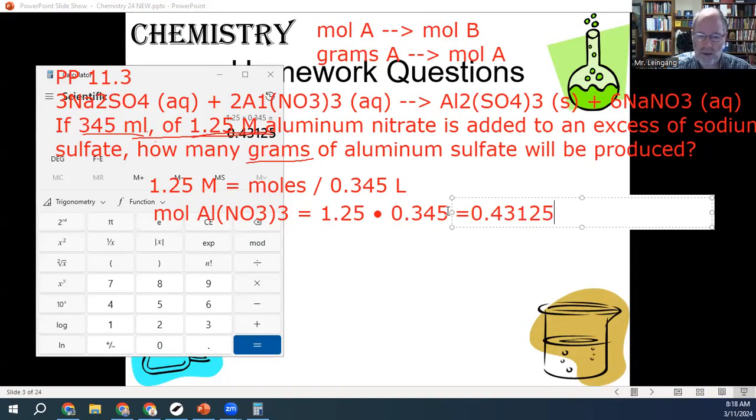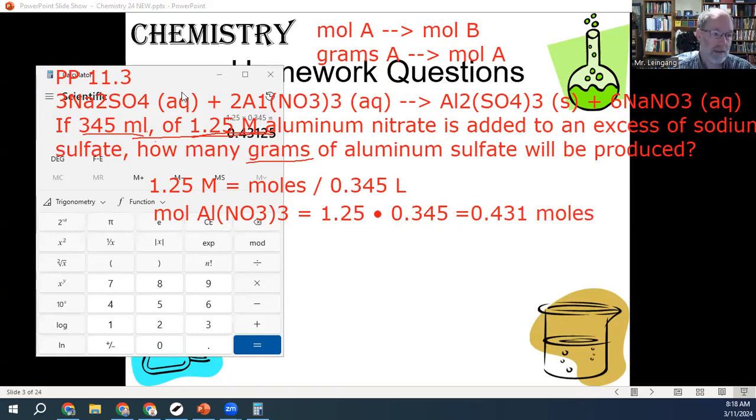Do I round up or round down? In this case, round down. And it becomes 0.431 moles, not miles. Sorry. Yep, a little typo there. So 0.431 moles.